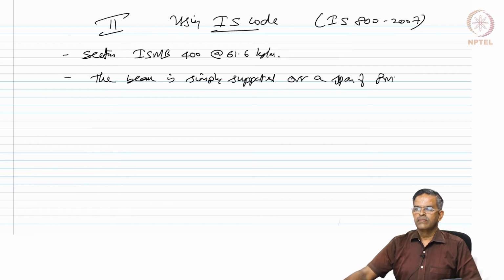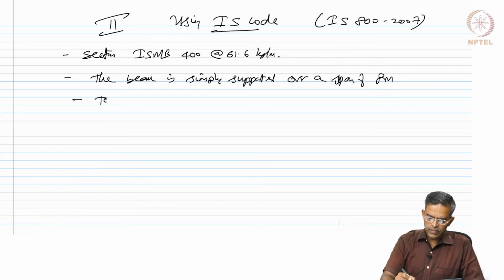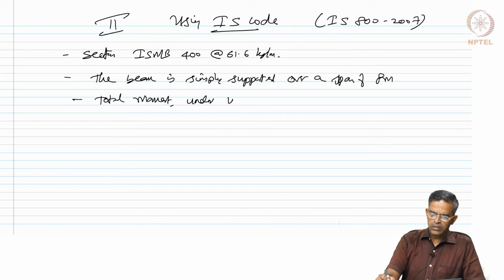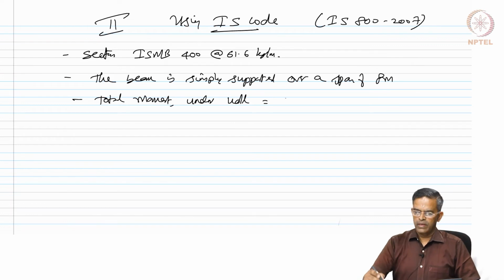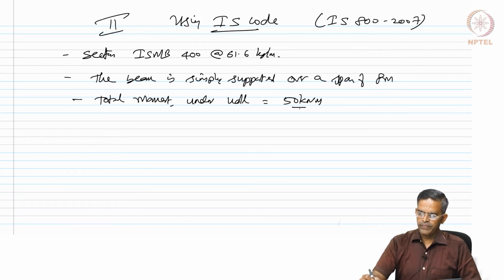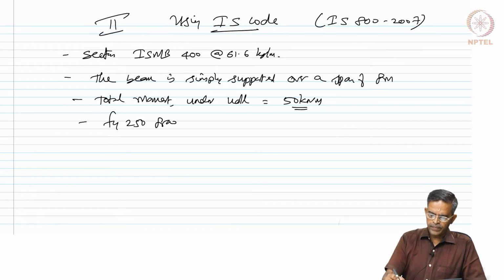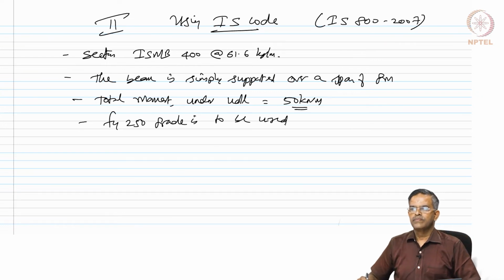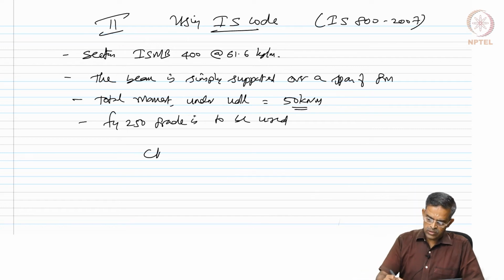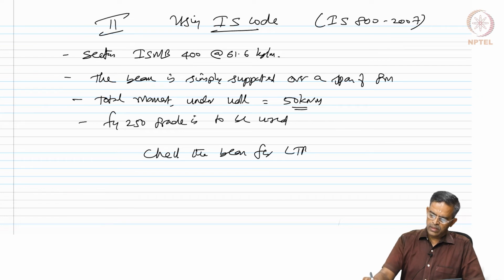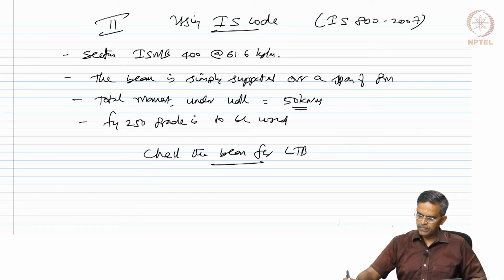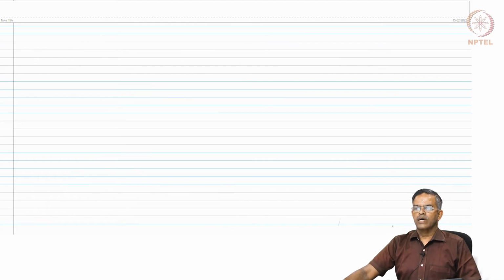The total moment under uniform distributed load is 50 kilonewton meter. Fy 250 grade is to be used. So, check the beam for lateral torsional buckling. That is the question asked. Let us do that.